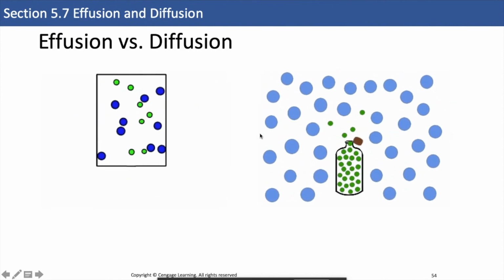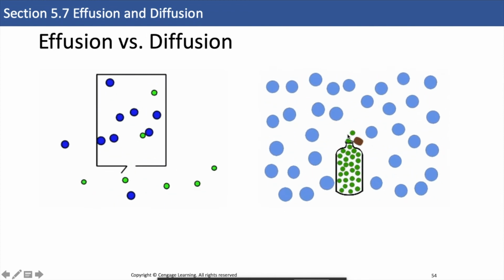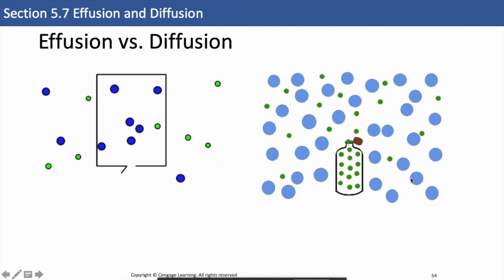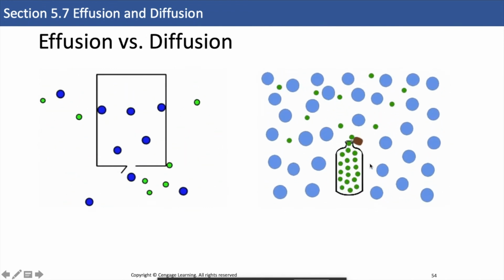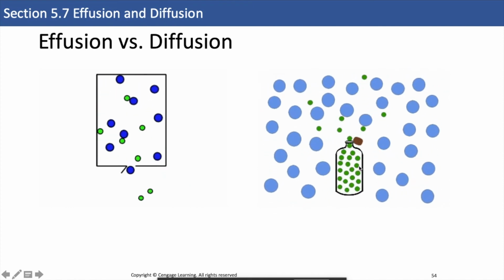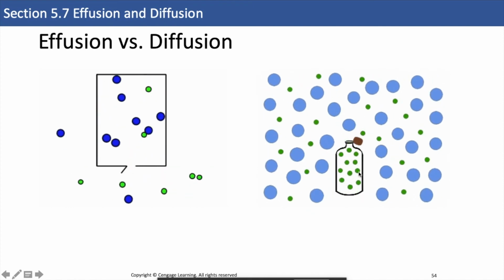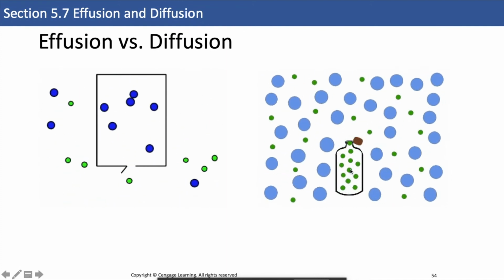So effusion versus diffusion. Diffusion is, in this case, let's look at this. We got our little blue circles here. Let's say those are air molecules, and I have a nice little bottle of, let's say, perfume that I'm opening up, and the perfume is going to be represented by these little green circles.